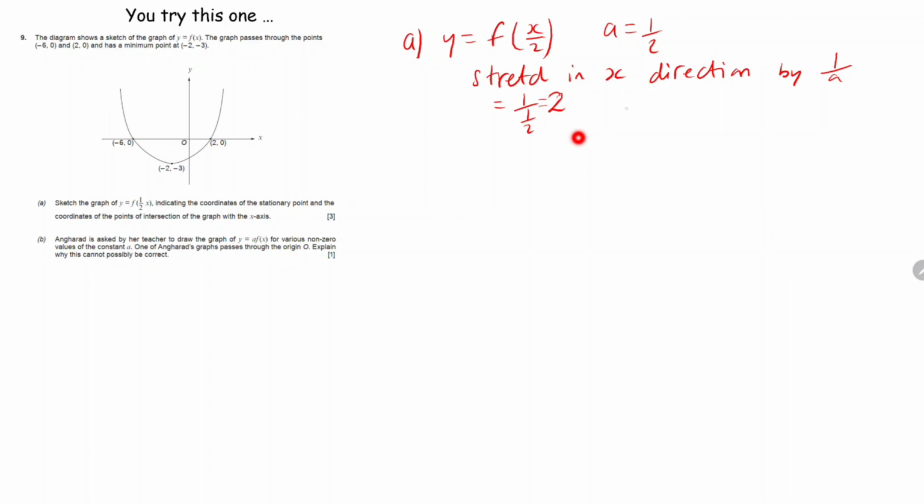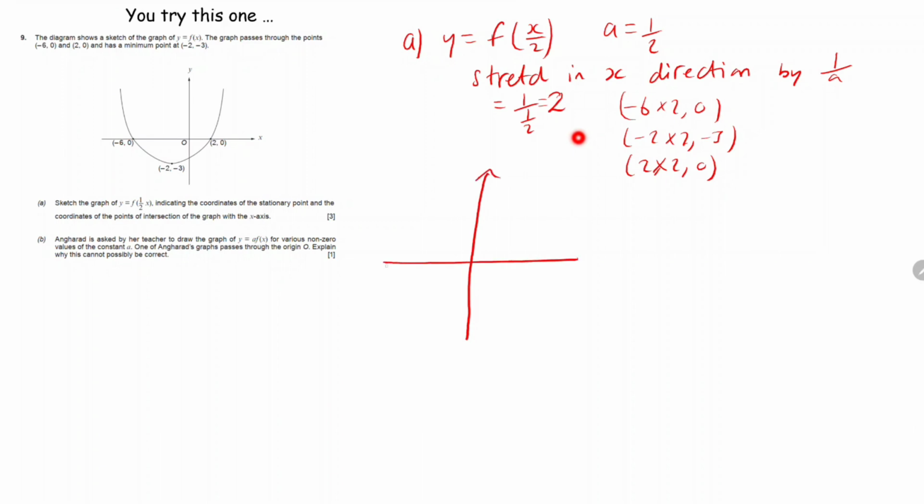So our new coordinates will be minus 6 times 2, again 0. Then minus 2 times 2 with minus 3. And the third one, 2 times by 2 with 0. We can then sketch these coordinates. So we have minus 12, 0.